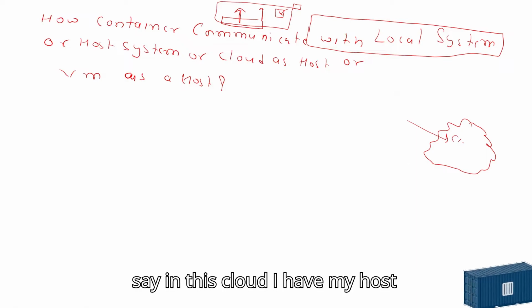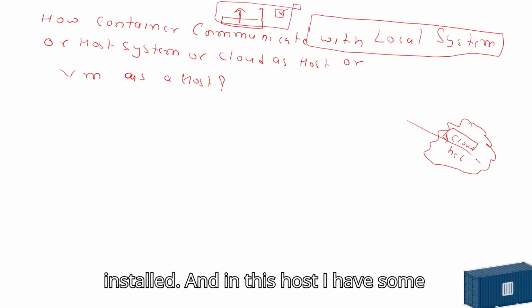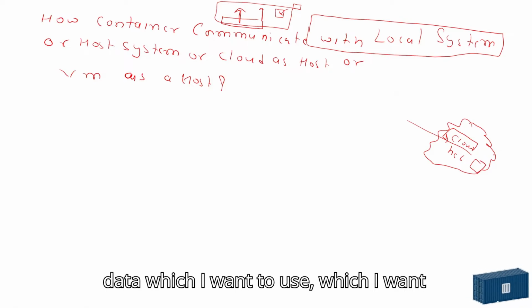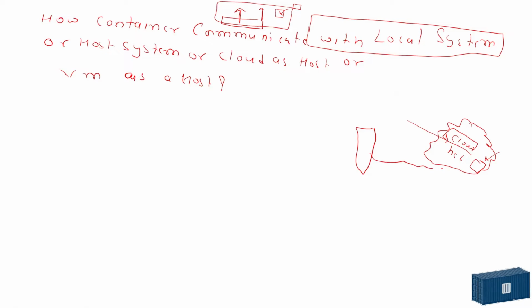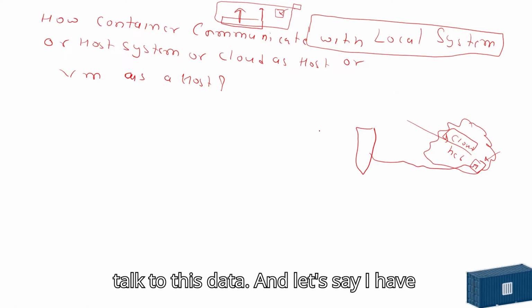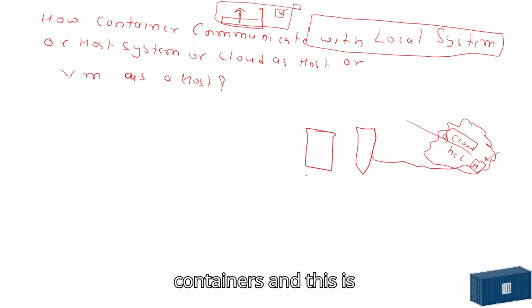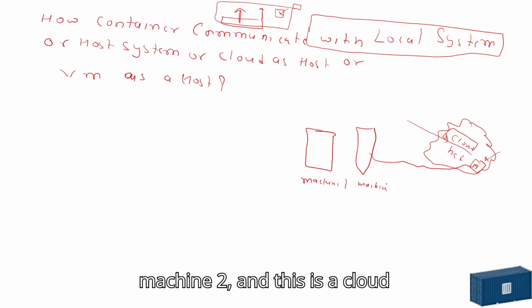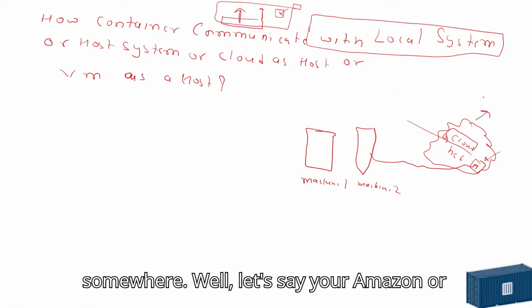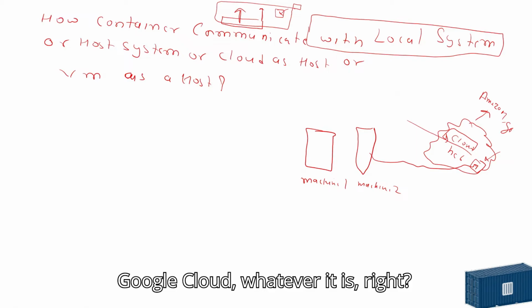So let's say in this cloud I have my host installed, and in this host I have some data which I want the container to talk to. Let's say I have containers, and this is machine 1, this is machine 2, and this is a cloud somewhere, let's say Amazon or Google Cloud, whatever it is.